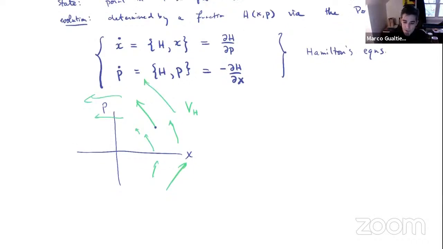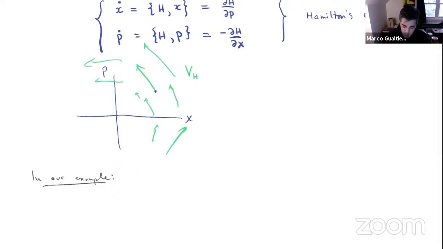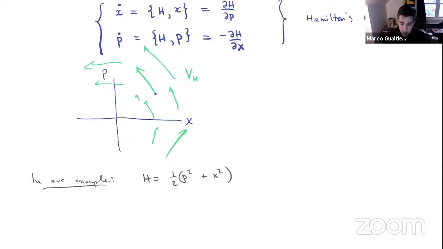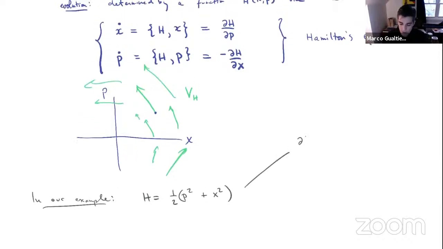So in our previous example, h was the function 1/2 p squared plus x squared, and then dh dp is equal to just p, and minus dh dx is equal to minus x.